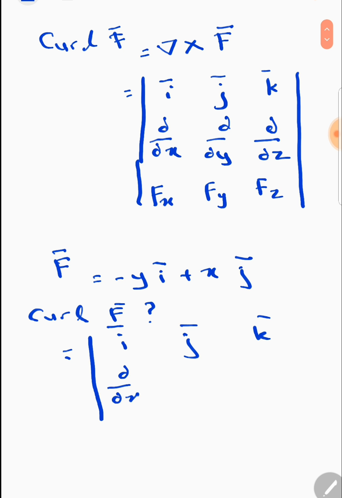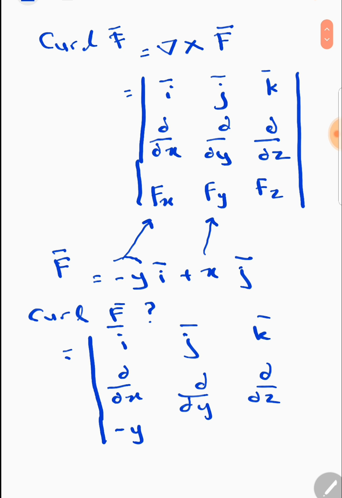First the d over dx, second the d over dy, third the d over dz. And what we put in over here literally depends on the coefficient that we have. For the i part, this is actually my fx, and this is actually my fy.